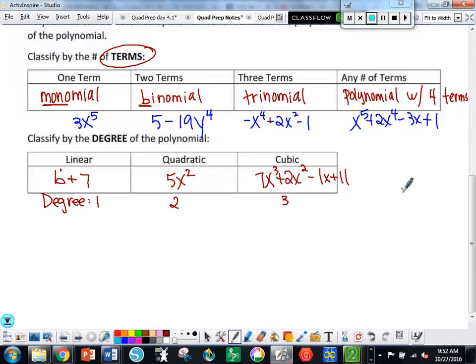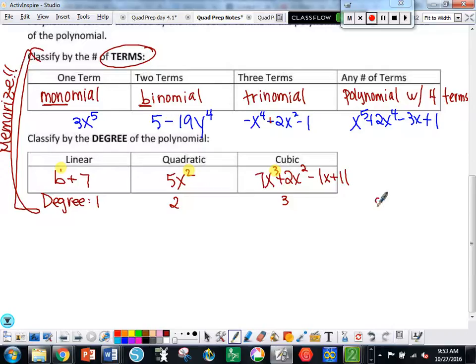Doesn't matter how many terms there are. If the degree is 3, it's a cubic. These right here, you need to memorize. Hopefully, after doing them several times, you won't actually need to memorize them because you'll just have them down.